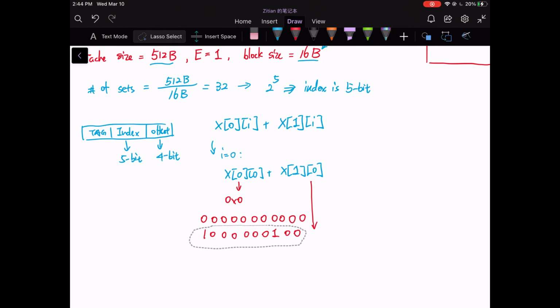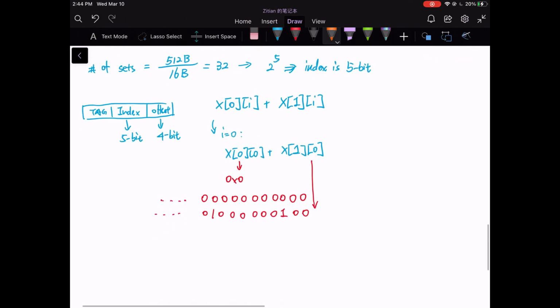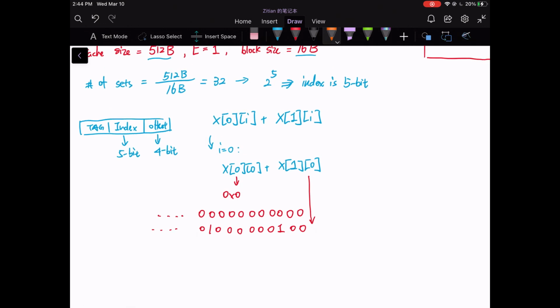Sorry, it's not aligned perfectly, so let's add some zeros in front, as we have a lot of other bits in front of it. The offset bits are the last 4 bits. And here we have 5 bits as index bits.